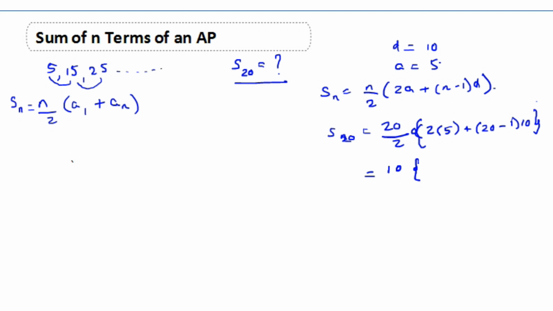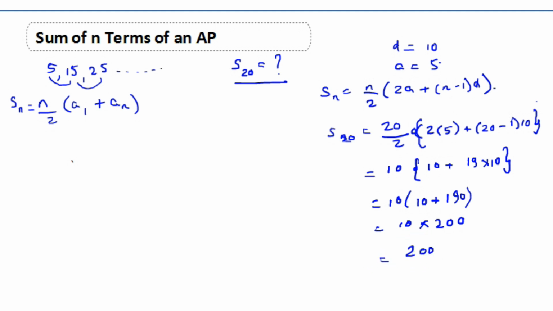That is being multiplied by 2 times 5, which is 10, plus 20 minus 1, which is 19, multiplied by 10. So that gives me 10 times (10 plus 19 times 10, which is 190). 190 plus 10 is 200. So it becomes 10 times 200 or 2000. So the sum of n terms of this series should be 2000.